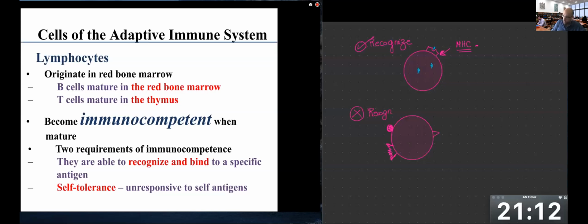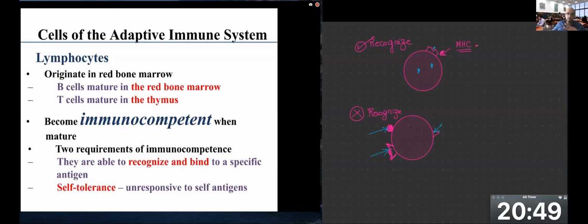You're going to be inducing an immune response against your own cells, attacking your own cells and destroying your tissues. And this is going to result in autoimmune diseases. Of course, you hear a lot about autoimmune. Auto means self. I'm creating an immune response against myself, attacking my own tissues.